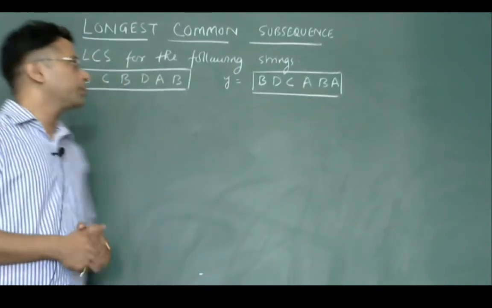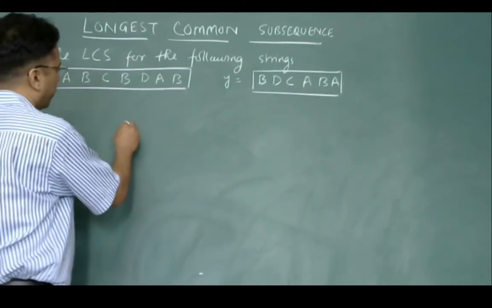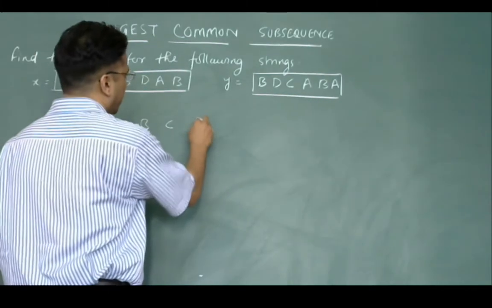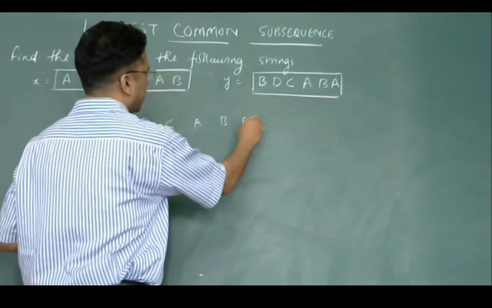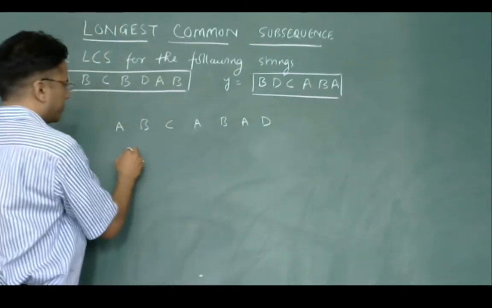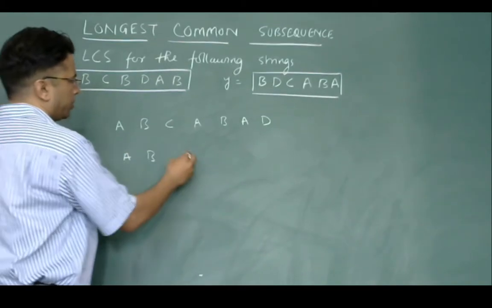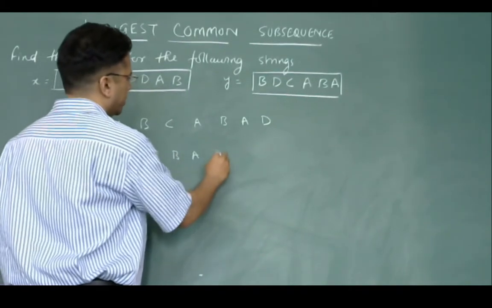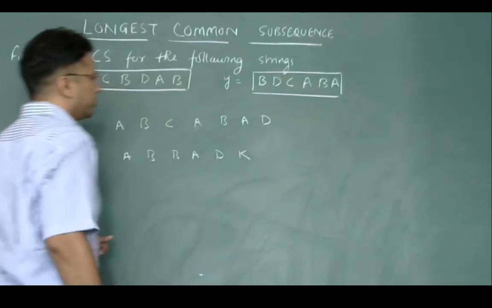For example, if I am writing a string A, B, A, D, A, B, B, A, D, K. Suppose these are the two strings.